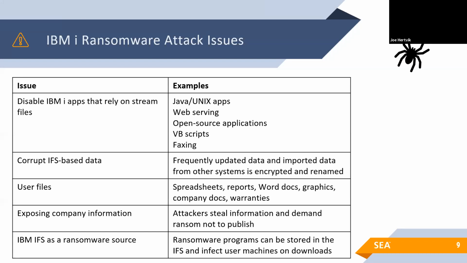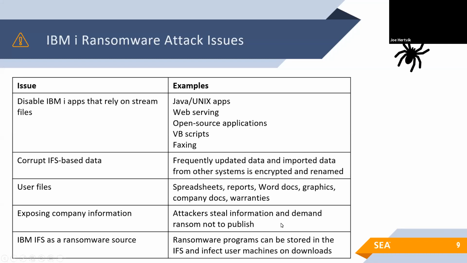You may have things that you communicate with another computer and download to your IBM i so that you can update their tax files and things like that. They can be encrypted and renamed. If you're using the IFS as a file server, any user documents or company documents stored on the IFS, including spreadsheets, Word docs, graphics, can be renamed.